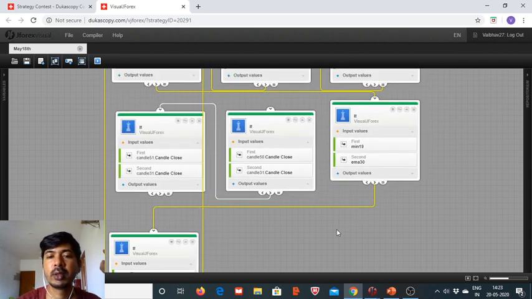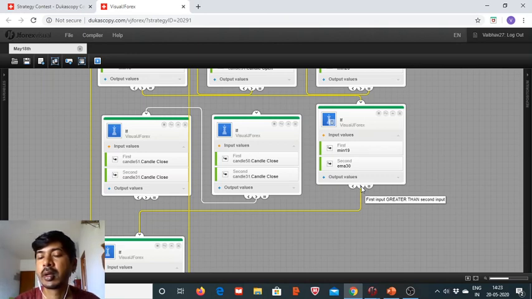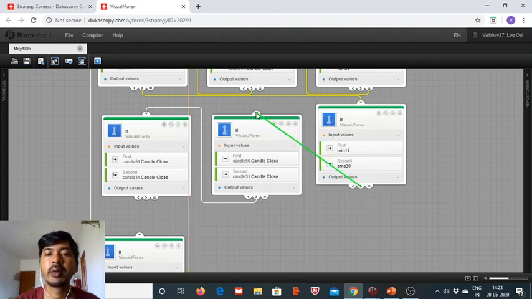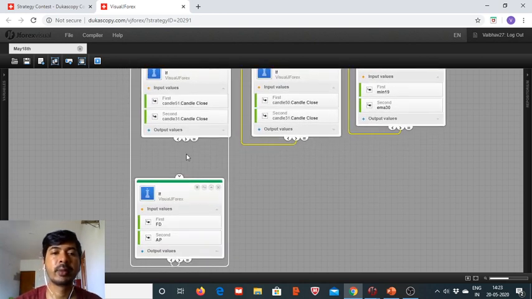Candle 51 has closed higher, and we need to make sure that minimum 19 is greater than EMA 30. So this condition needs to be disconnected and joined here, and then the candle 51 should have closed lower than the last hourly candles.